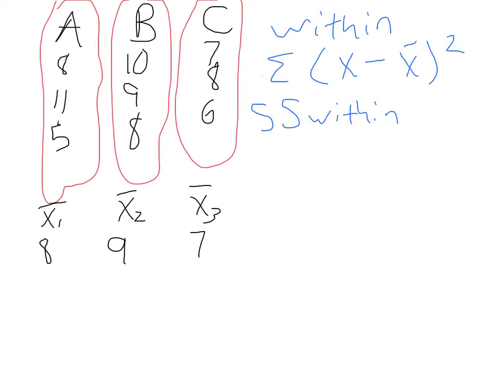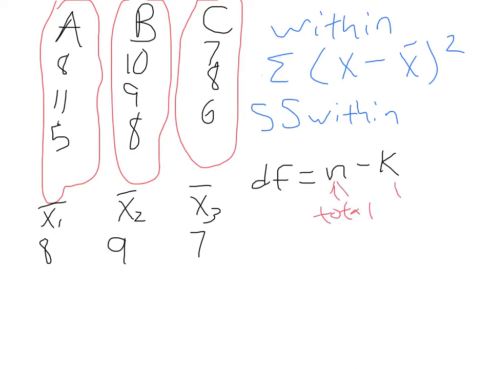So for the sum of squares within term, you have to consider how many values you have in total and how many groups. In terms of degrees of freedom, you would have the total number of values. In total I have 9 numbers: 8, 11, 5, 10, 9, 8, 7, 8, 6. That's the total number of values minus the number of groups.